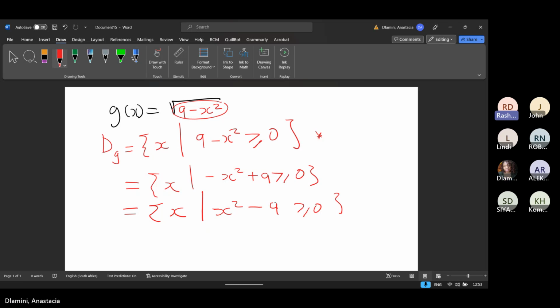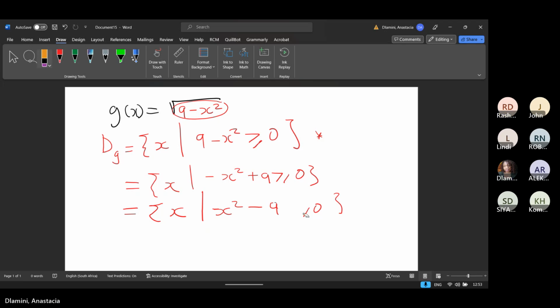False. Why? I want to understand. If you divide by negative, does it affect the equal sign? So what do you think? If it does affect the sign, what do you think the answer will be? It will be less than or equals to 0.